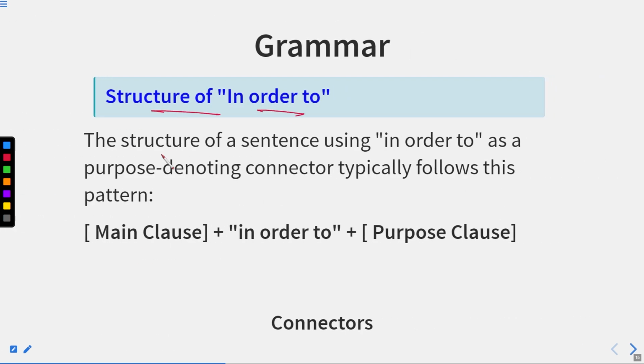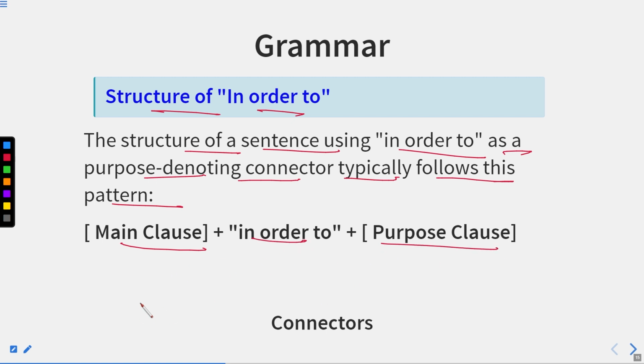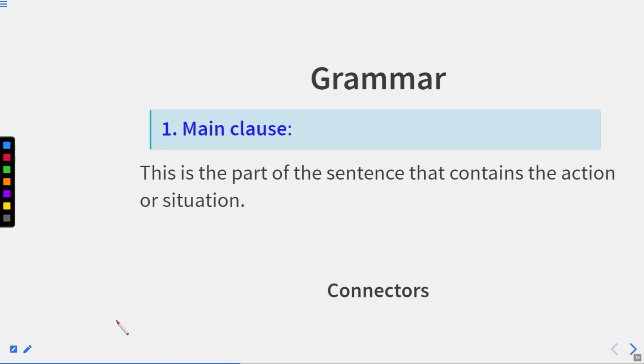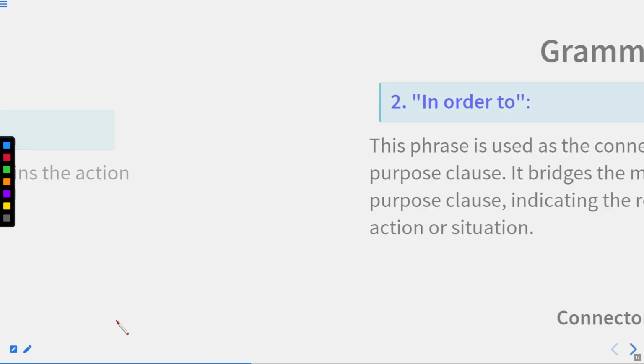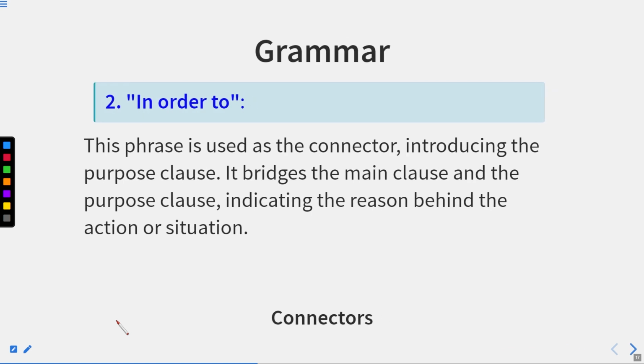Structure of "in order to." The structure of a sentence using "in order to" as a purpose-denoting connector typically follows this pattern. First of all, we have the main clause, then "in order to," and then the purpose clause. The main clause is the part of the sentence that contains the action or situation. After that, we have "in order to."